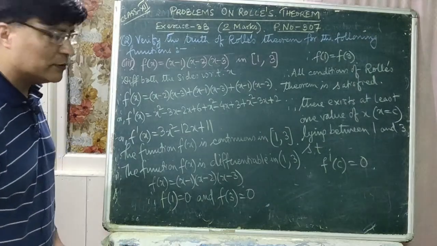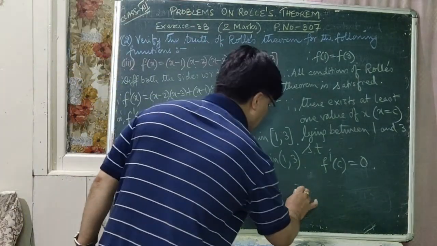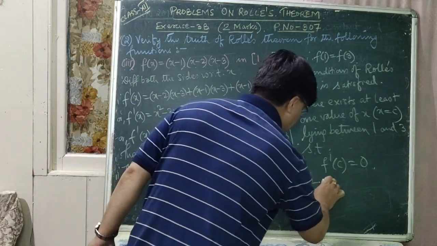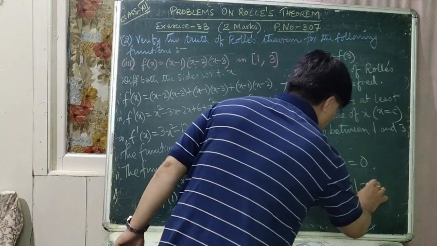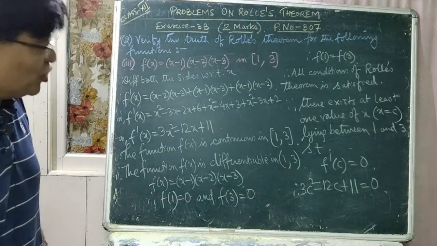Is that clear to all of you? So now what is f dash of c? f dash of c is this one, right? Therefore 3c square minus 12c plus 11 is equal to 0. And from here you have to get the value for c.